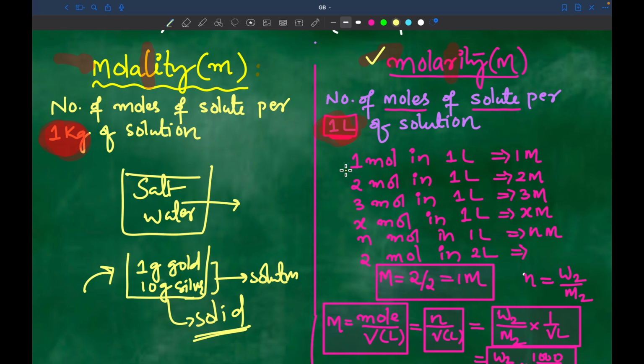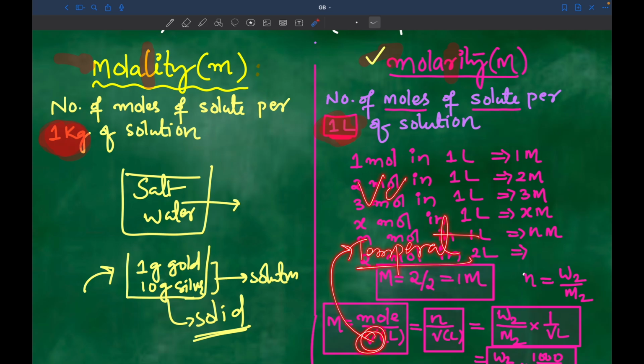And one more point: the volume of the solution involved here is temperature dependent. According to Charles' law, on increasing the temperature, volume increases, so the molarity decreases.